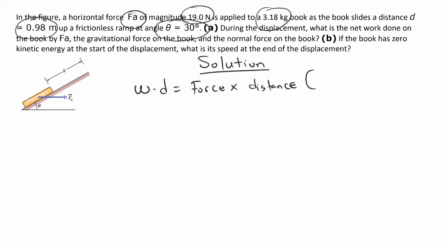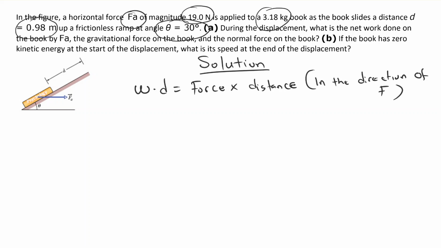This distance has to be in the direction of the force F. So if the direction of travel is up the ramp, that is D, we want to find the force that is in that same direction.